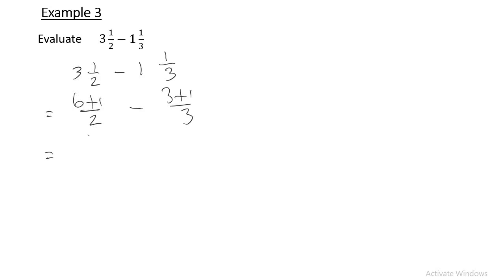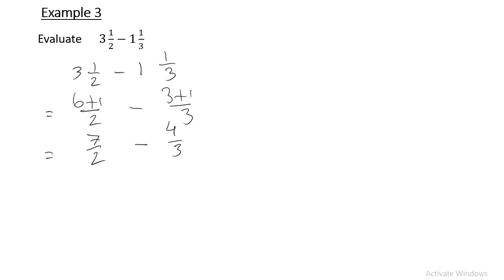Then we have 7 over 2 minus 4 over 3. Okay, once again, our denominators are not the same. We want to somehow multiply both of them or one of them to make sure that we have the same denominator on the bottom.